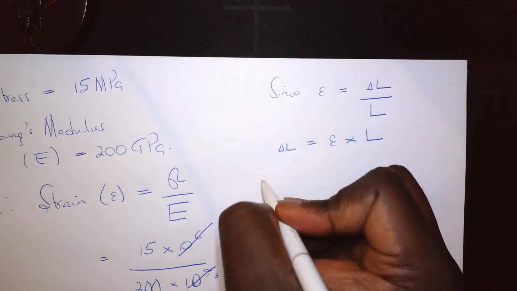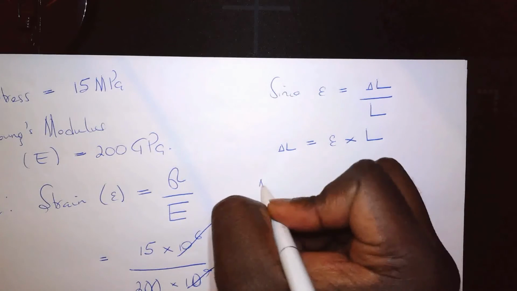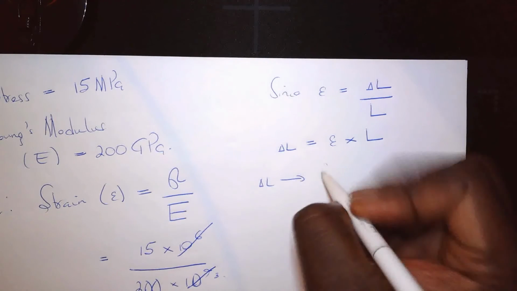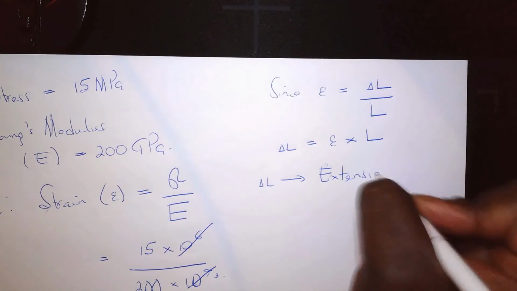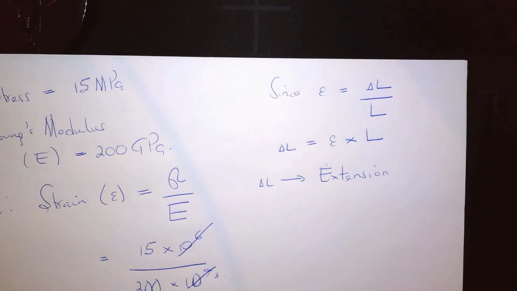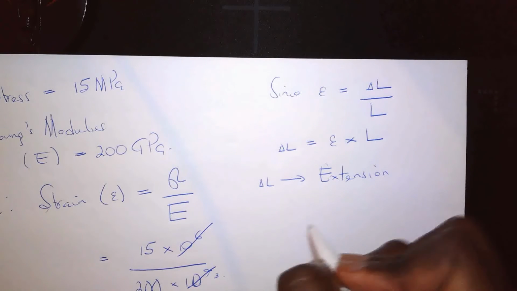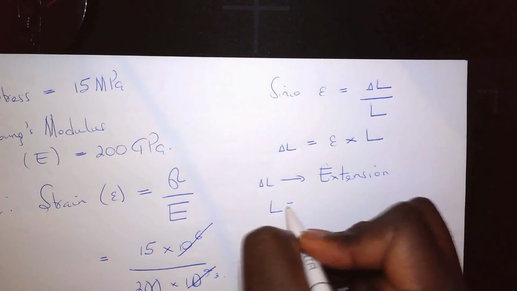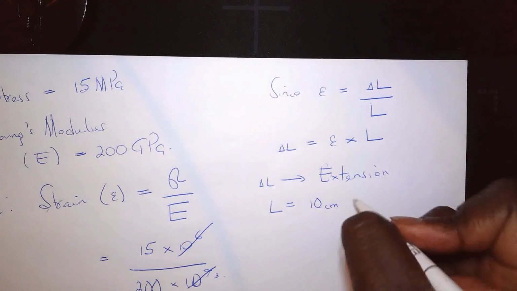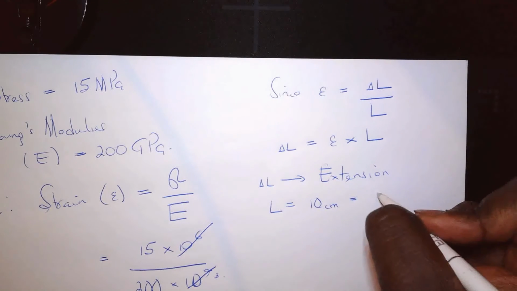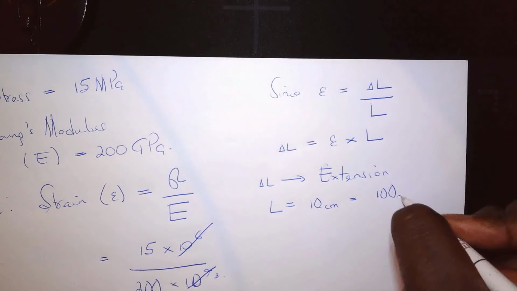Okay, and we shouldn't forget that delta L characterizes the extension. So we know that L is equal to 10 centimeters, which is the same as 100 millimeters.